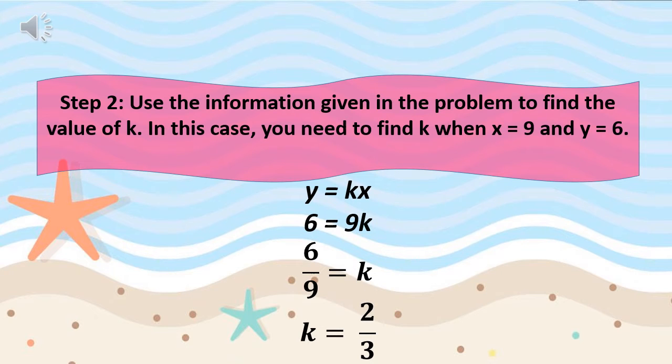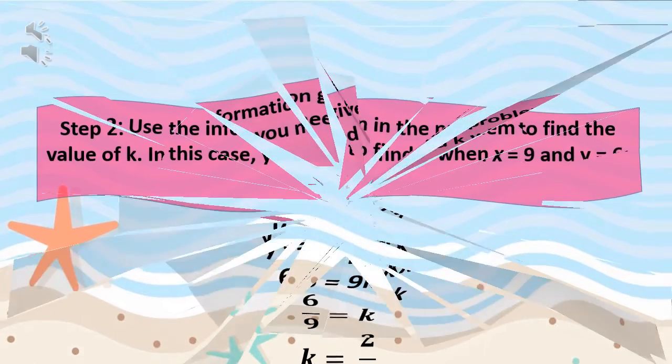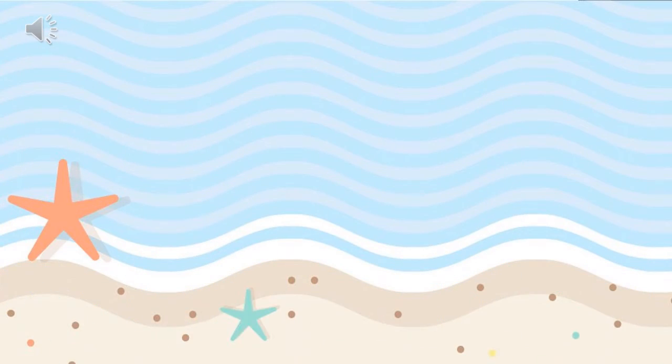So we will keep 6 and we will shift 9 to the left hand side. That will become 6 upon 9, which is equal to 2 upon 3. Therefore the value of k is equal to 2 upon 3. Now students, we have found the value of k, that is 2 upon 3.